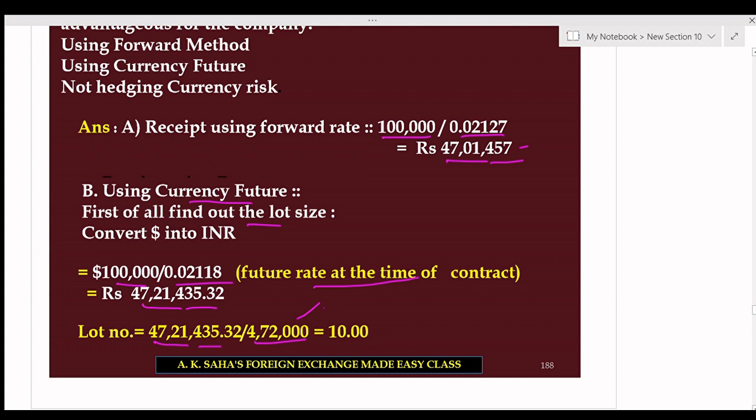Our contract size is 4,72,000. You will get 10 lots. Or you can multiply 4,72,000 by the spot future rate 0.02118. You will get 10,000, and the contract value 1 lakh will be divided by that 10,000. You will get the 10 lots.